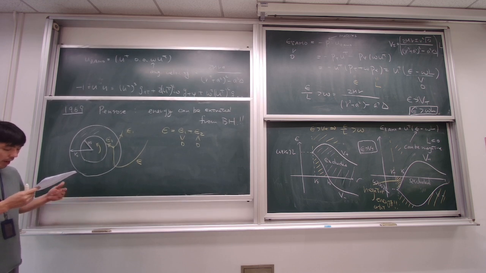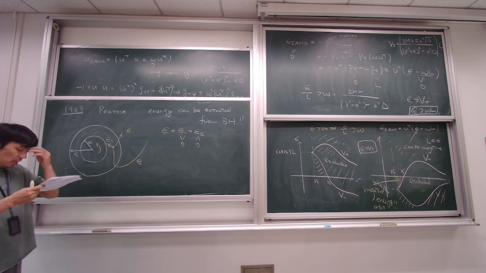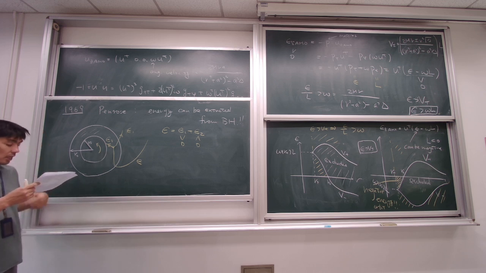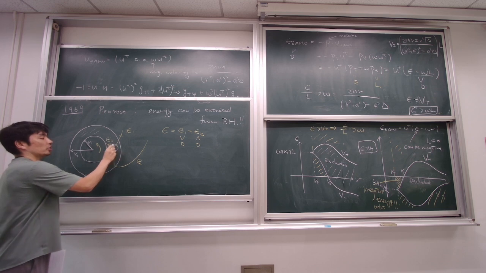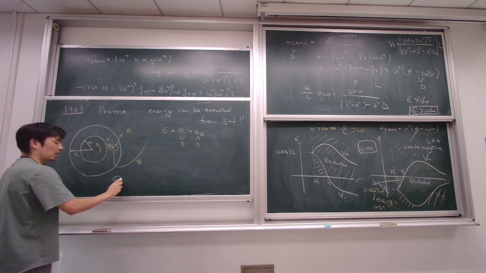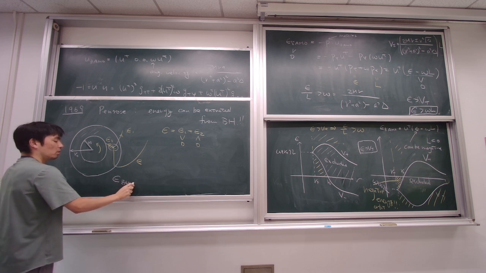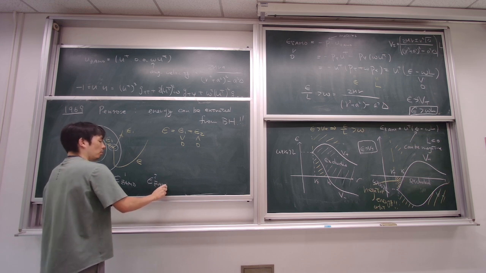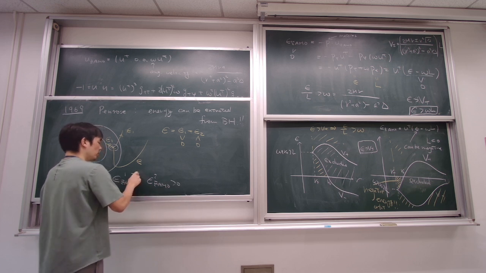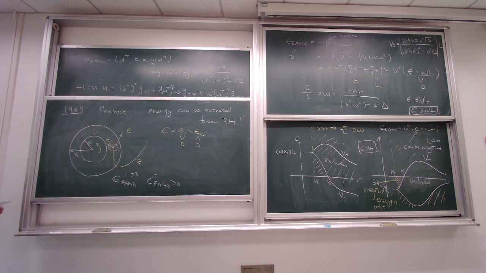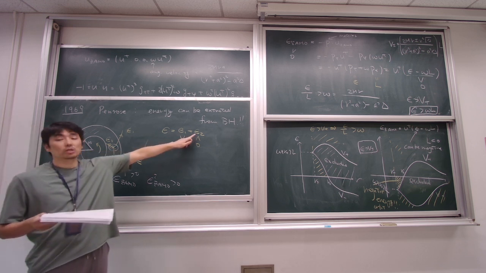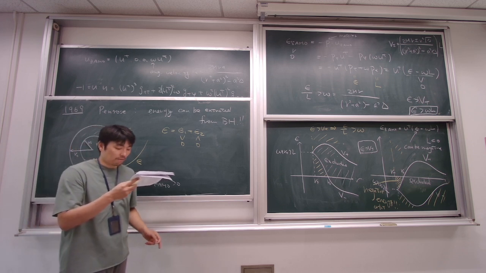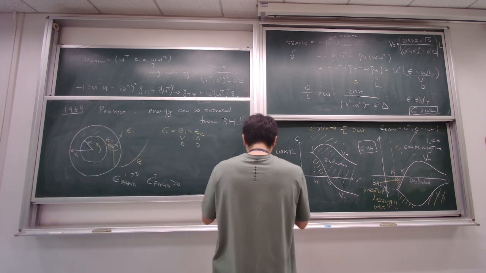This process is possible since in this region, both epsilon of 1 and epsilon of 2 are positive, measured locally inside the ergosphere. However, particle 2 has negative energy measured at infinity.